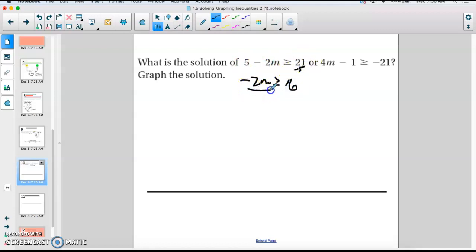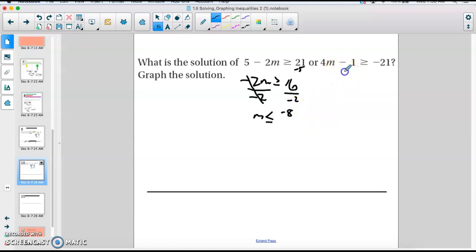Okay, we're dividing by negative 2. What happens when you multiply or divide by a negative number? The sign switches, right? And so we get m is less than or equal to negative 8. Okay, we got to flip the sign around, right?